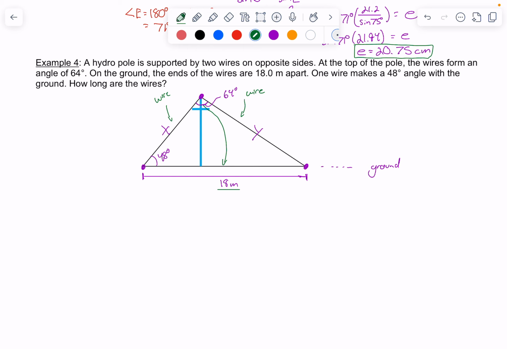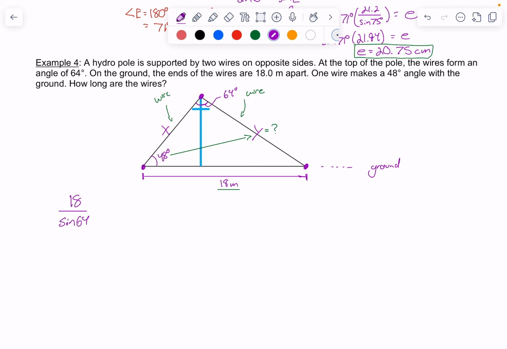Ultimately we're looking for this side length right here, and notice you also have an angle that is opposite the side length we're looking for. So y is your only unknown if we set sine 18 over sine 64.